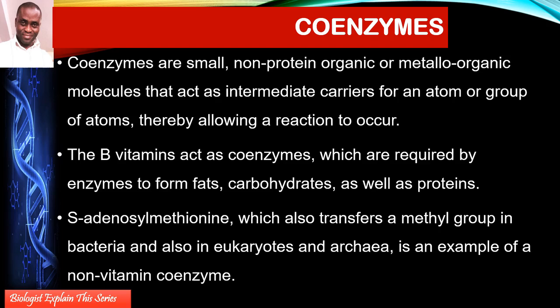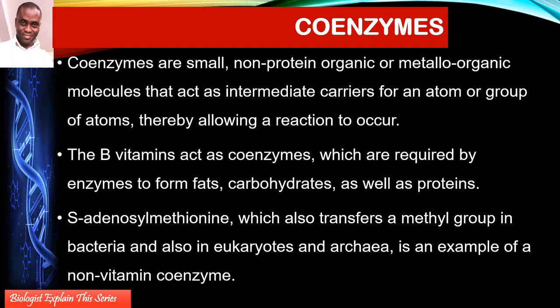And then the vitamin Bs are very popular coenzymes, either they themselves or their derivatives, and they are required to form a lot of molecules: fats, carbohydrates, and proteins. And then you've got S-adenosyl methionine, which is very important in transferring methyl groups, okay? It's commonly used by virtually all organisms.